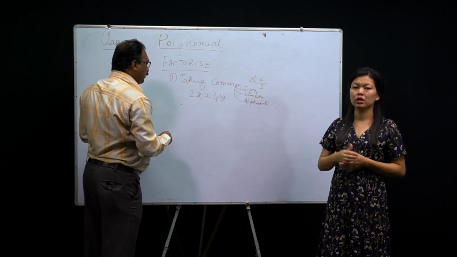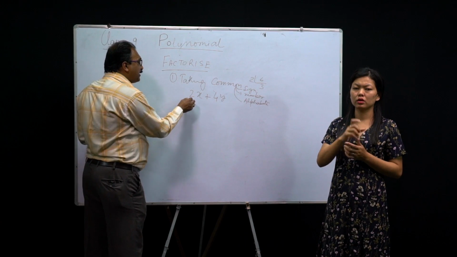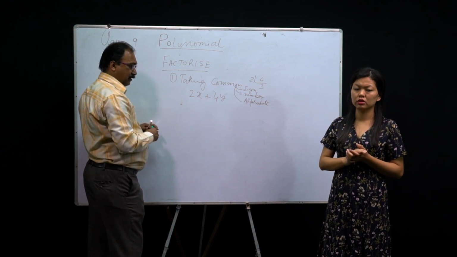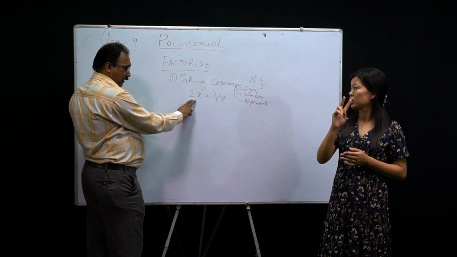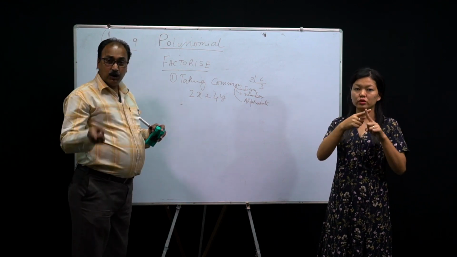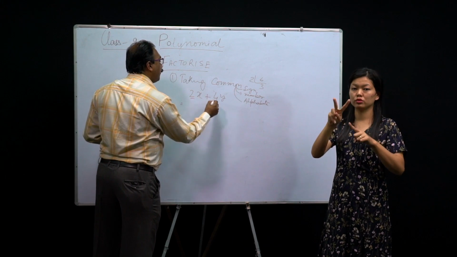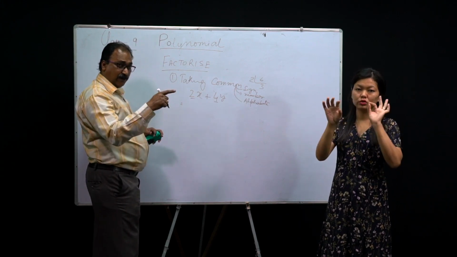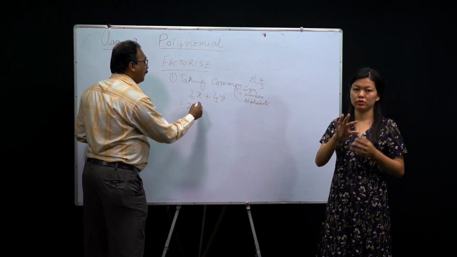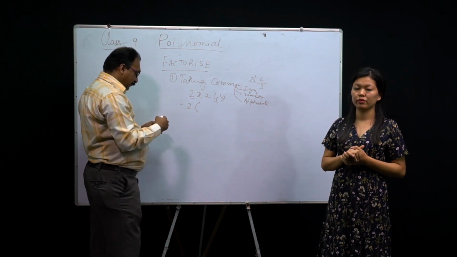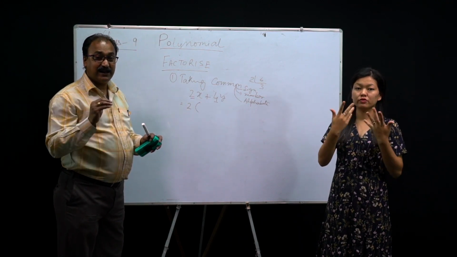Now think about the number: which number is common? Common means a number available in both places. 2 means 2 into 1, and 4 means 2 twos are 4, so another 2 is there. So we can take 2 common from these two terms. You learned that in class 8. So I take 2 common, and after taking common it is just like a division.